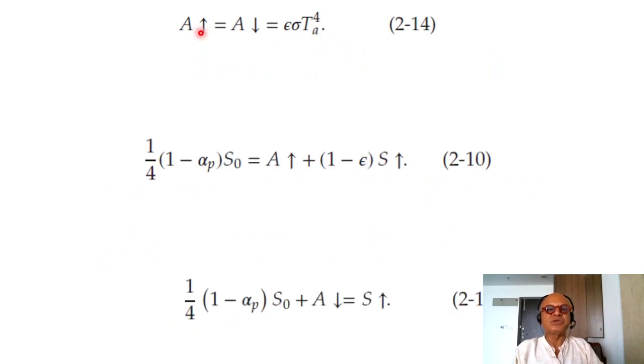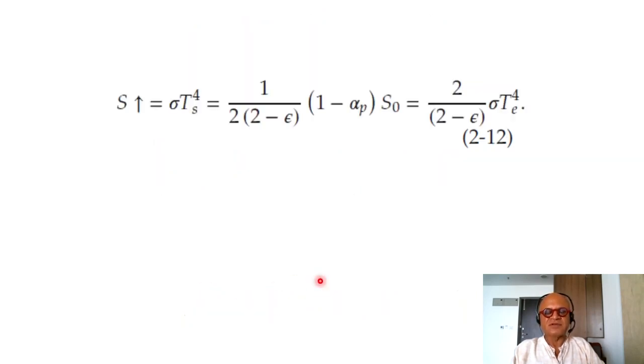So energy going up and down from the atmosphere is the same, that is epsilon times sigma TA to the 4th, because the atmosphere has an emissivity. So then you can relate the net solar energy to energy coming from the sun plus the energy coming from the surface.